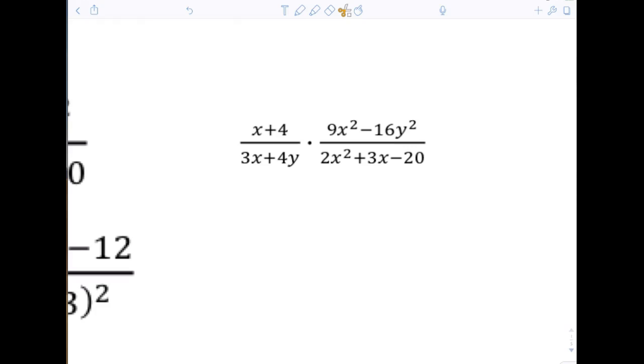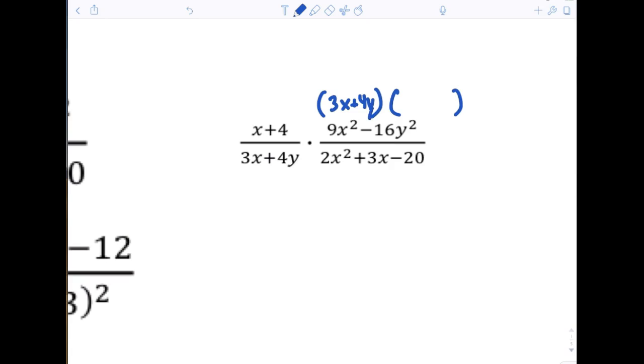Who can tell me probably what factor is in the numerator? What factor is definitely going to be in the numerator up there? No, definitely not. There's definitely going to be a what? 3x plus 4y.